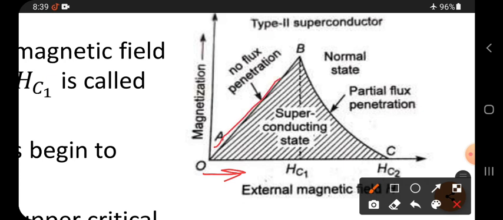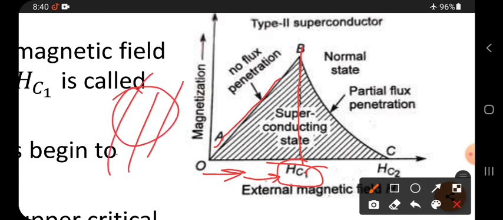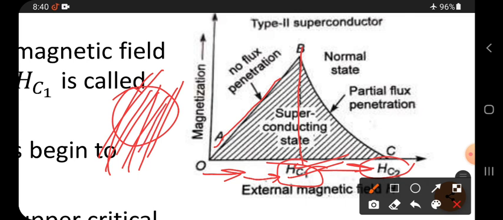When the magnetic field reaches a particular value, the lines of force slowly start penetrating. The lines of force start penetrating at this point only, at Hc1. Beyond Hc1, if we slowly increase the magnetic field again, the penetration of lines of force increases through the substance, and at a particular magnetic field the lines of force pass completely through the substance.